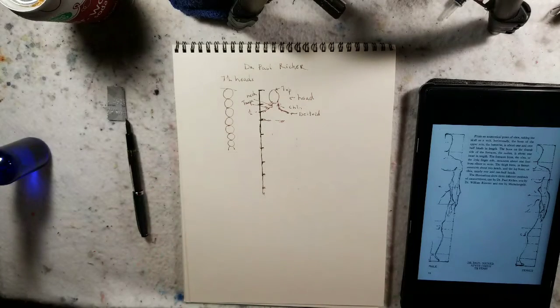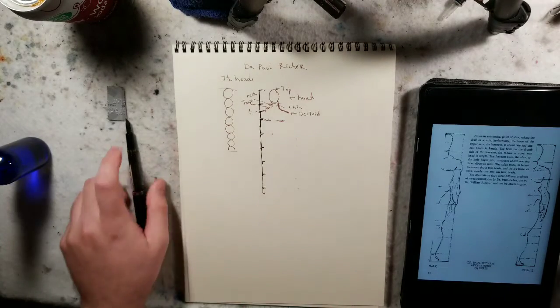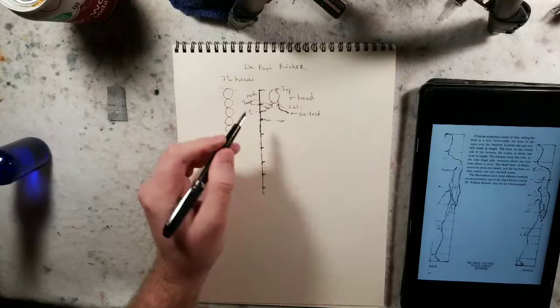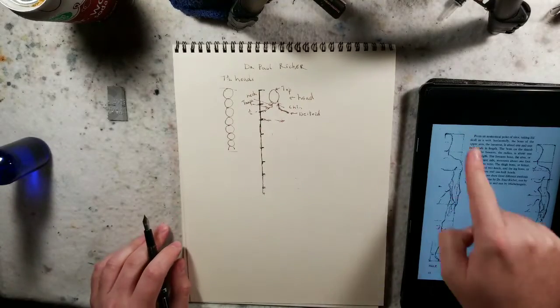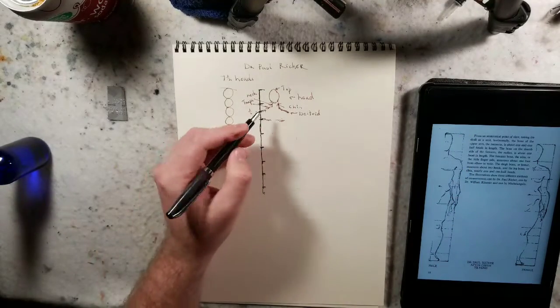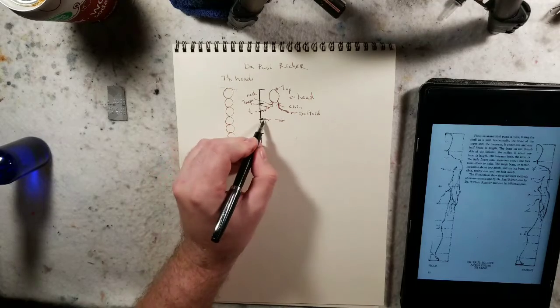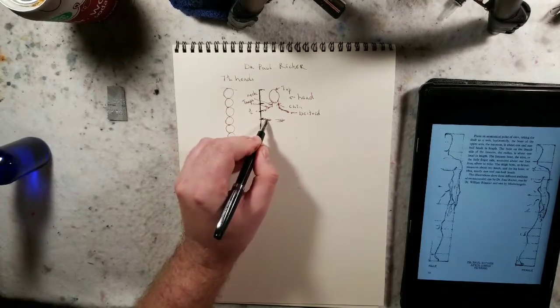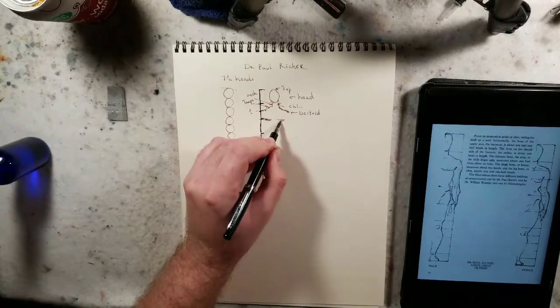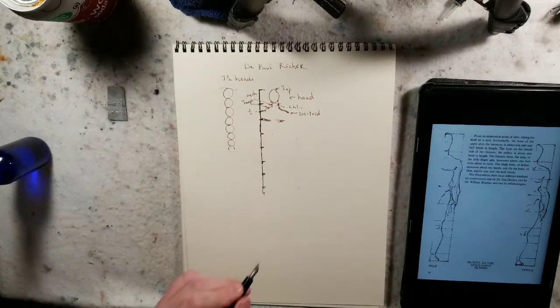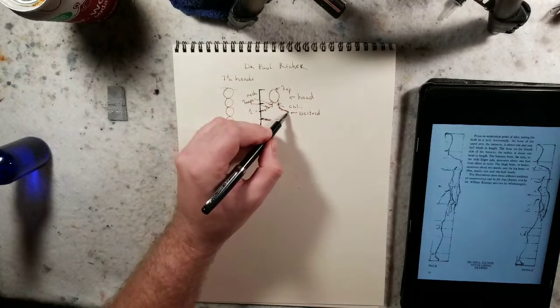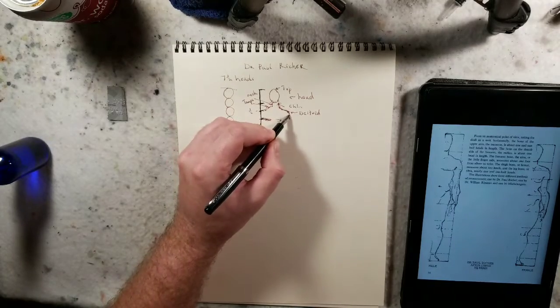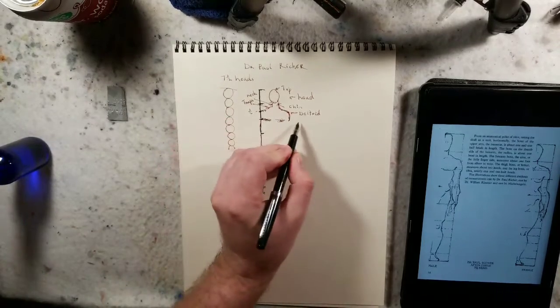Okay. So we have the nipple line here, and this figure has a male figure and a female figure. For the male, it's relatively close, right in there. For the female, the nipple sits right on that line. And then the curvature of the deltoid ends at that point too.